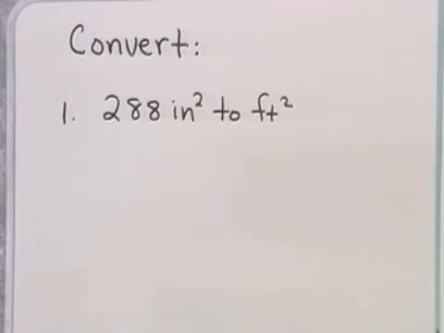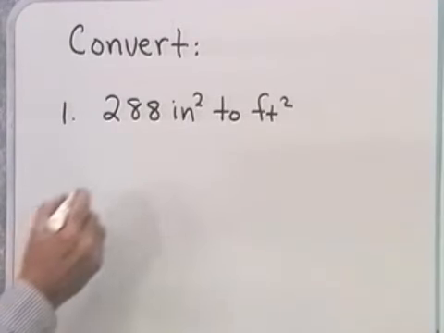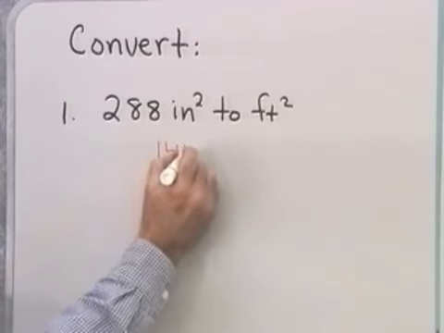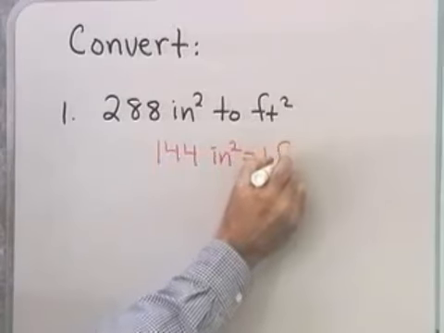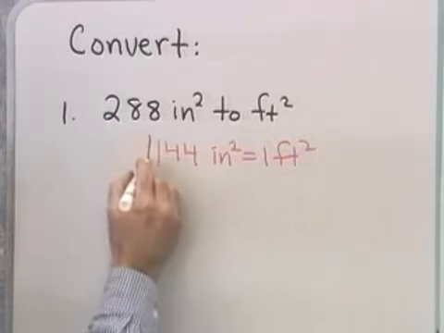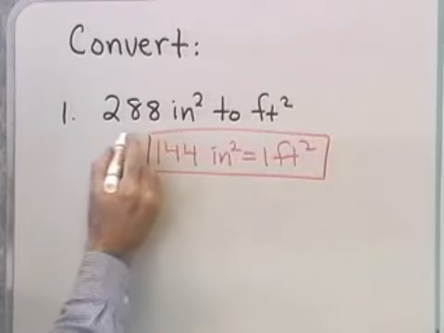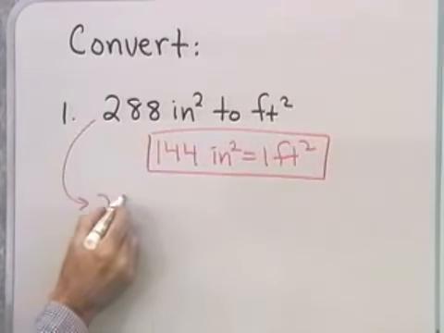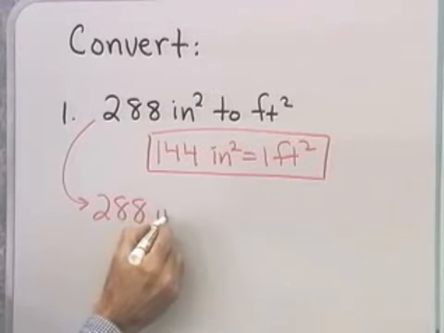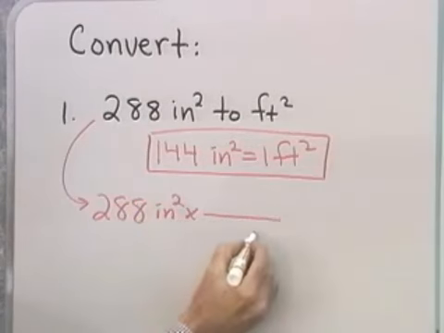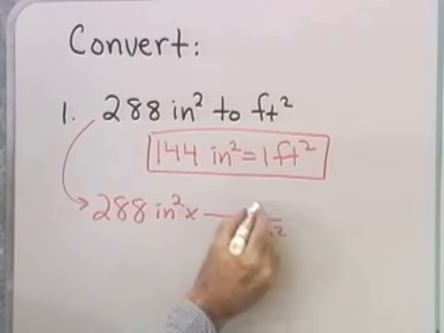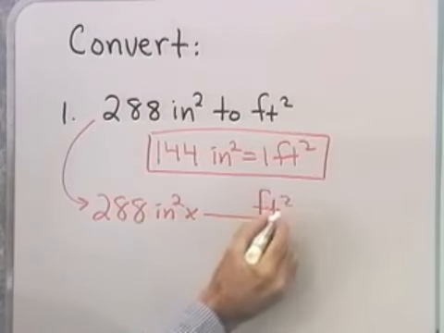I want to convert 288 square inches into square feet. So the conversion factor that I'm going to use is this. There's 144 square inches in 1 square foot. So I start with my 288 square inches, and I want to multiply by a conversion factor that's going to have my square inches divide out and leave me with square feet.